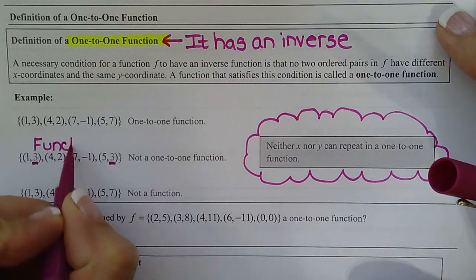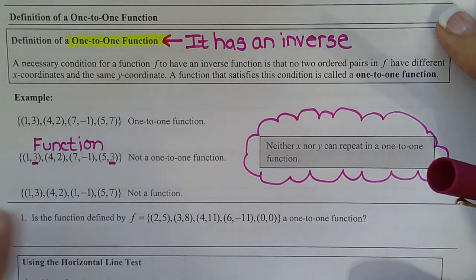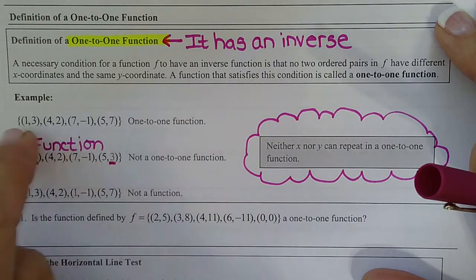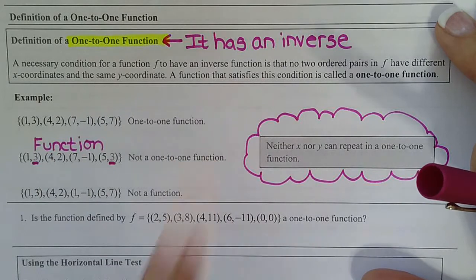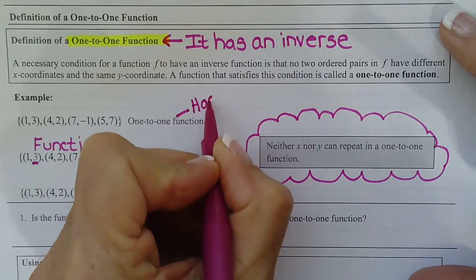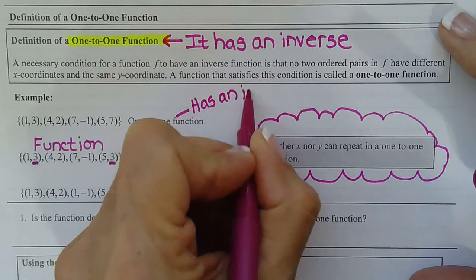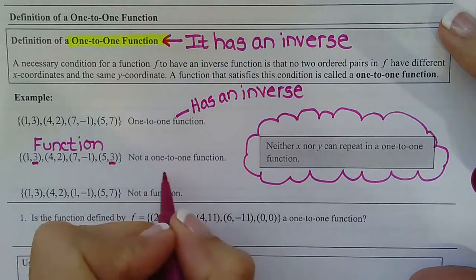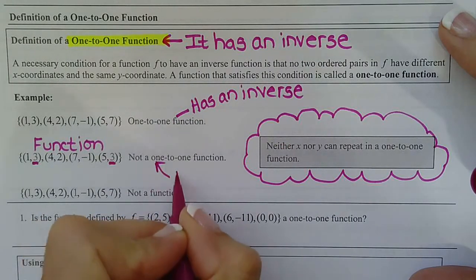So it's still a function like maybe a parabola, but it's not a one-to-one function. Where this one is a function, and because all the y's are different, it's also one-to-one. So this one has an inverse. And this one does not have an inverse.